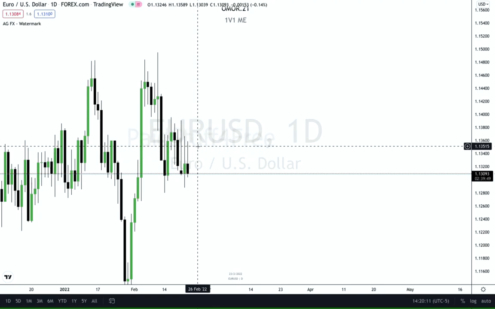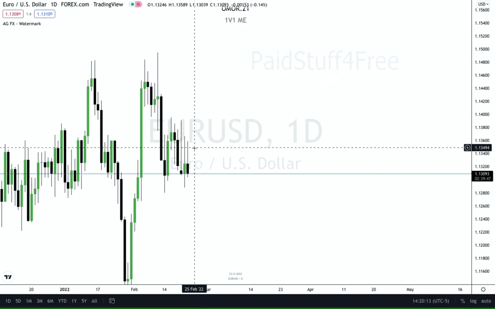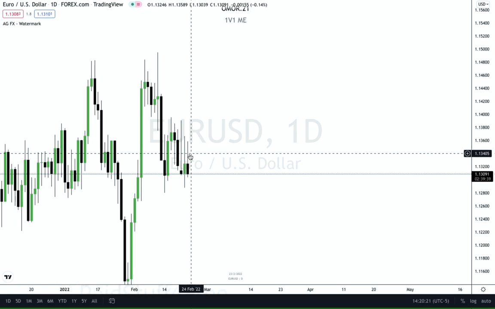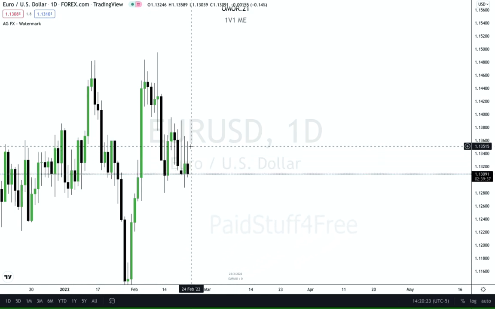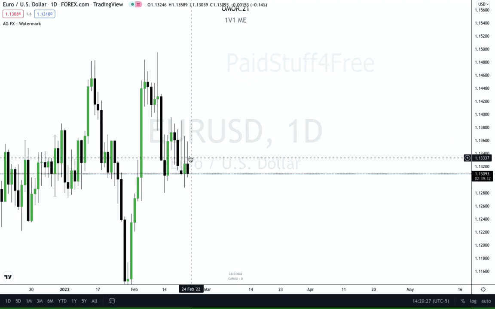When it goes above the opening of the candle, it will be a bullish candle in that moment of time. If you know that candle will close bearish, you want to sell when that candle is green.